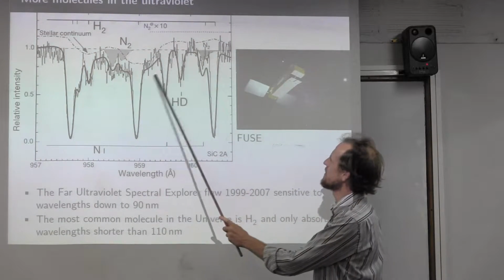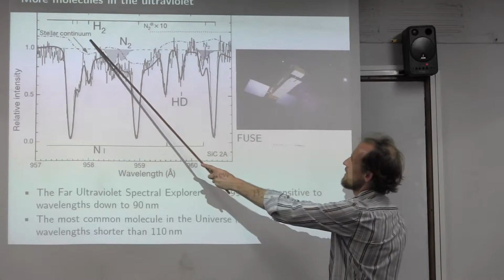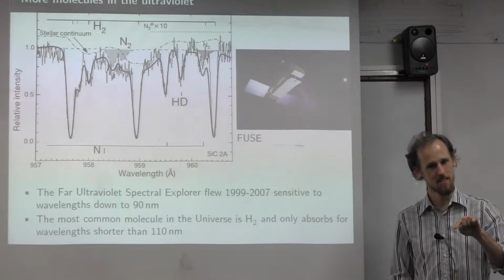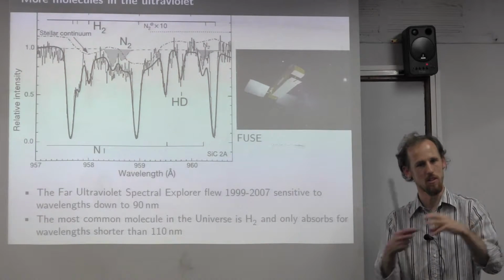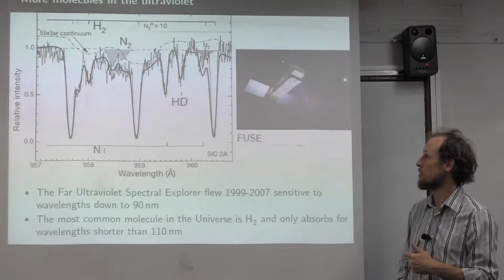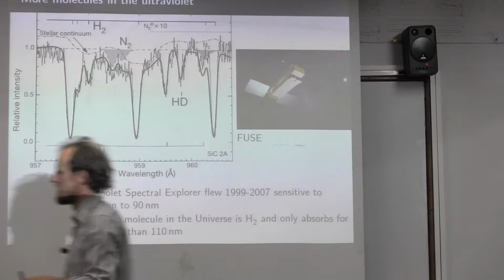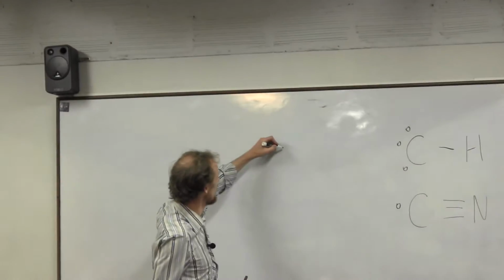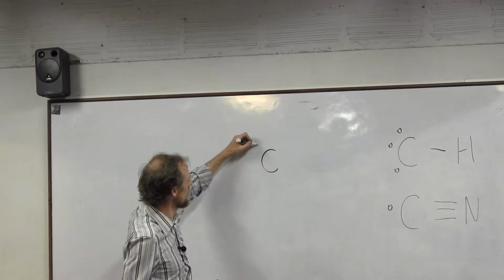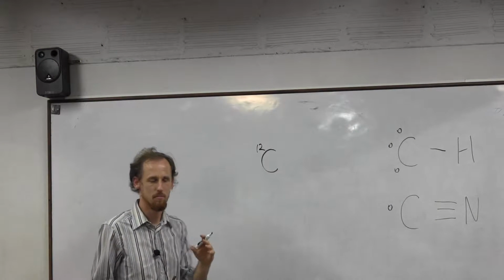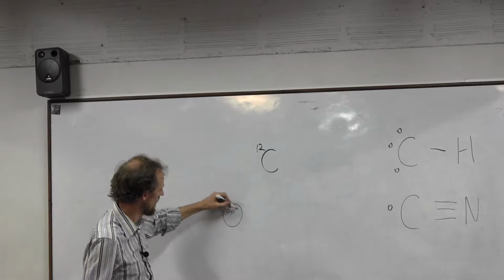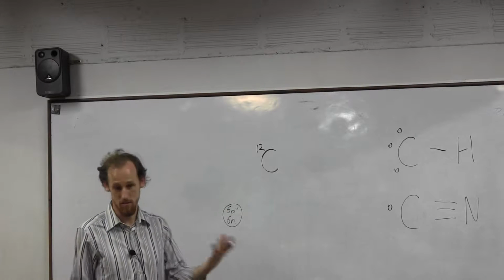And on top of that are some extra absorption lines due to H2, HD, and so D, that's the deuterium, that's hydrogen with an extra neutron. The normal thing with isotopes is if you have carbon, you could call it carbon-12, meaning that in the nucleus you have 6 protons and 6 neutrons, a total of 12.